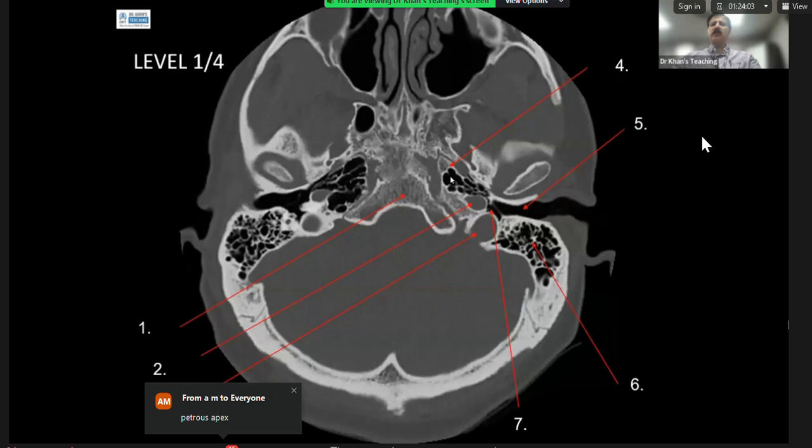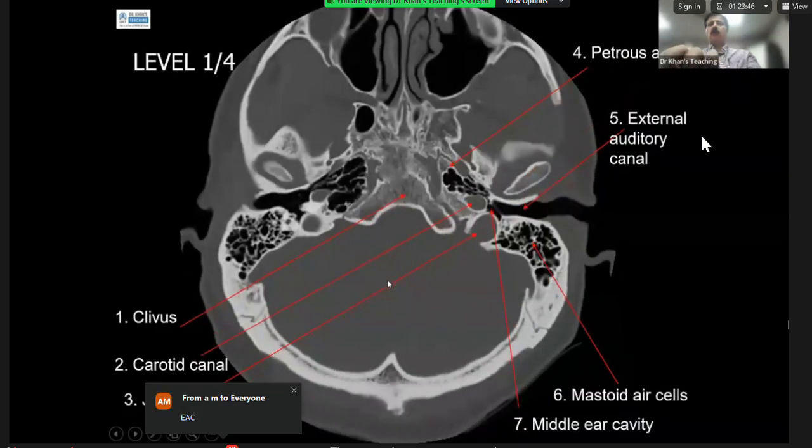So this is pneumatization. Okay. Number 5, what is this? And then number 6, what is this? So I think all of you got it right, but the answers are in front of your eyes and everything is perfect.